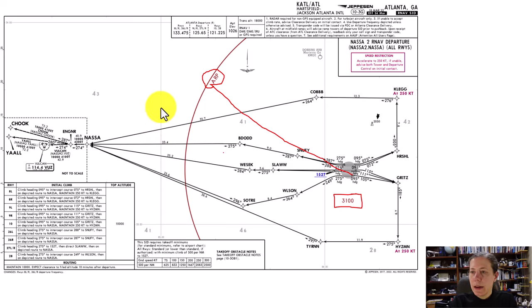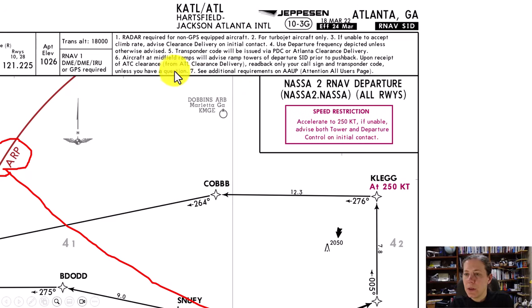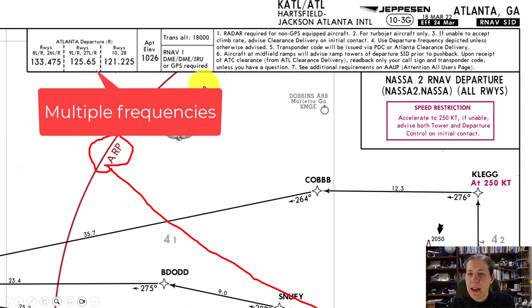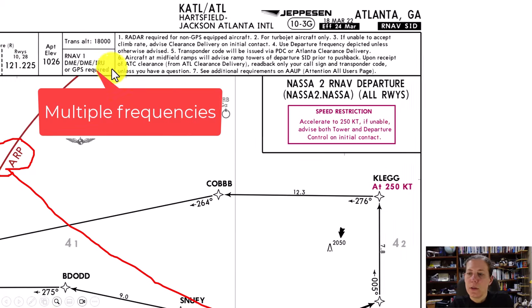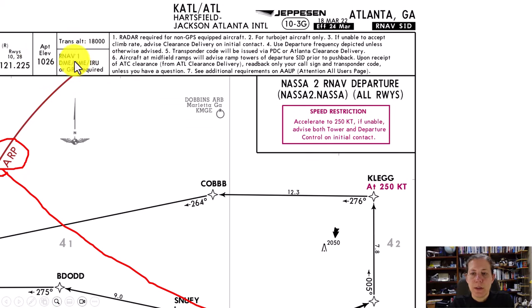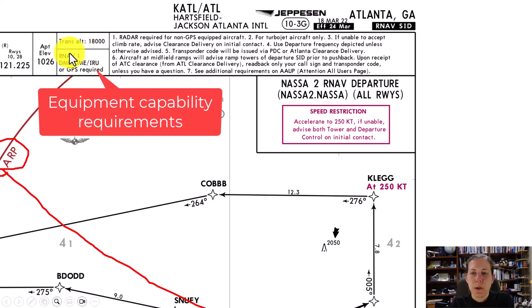All right. And yeah, so other notes that I found of interest on this, let's look at the top. Okay, so we've got a bunch of information like, again, Atlanta departure, lots of frequencies here. We have radar available. Okay, you have your equipment requirements. This one needs RNAV 1. So if your airplane is capable of RNAV 1, it has a certain level of nav performance.